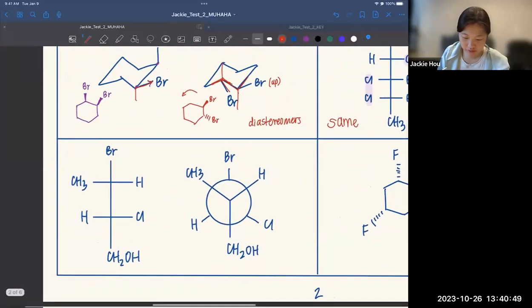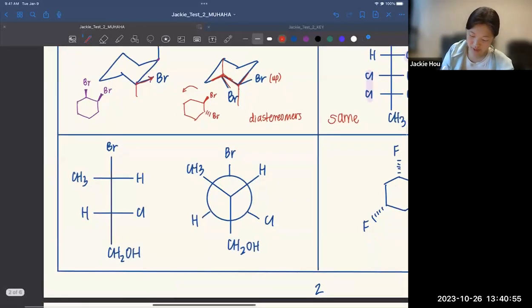Okay, and then for this one, first of all, I want to notice where my attachments are. So I have a carbon here and a carbon over here. I know this carbon is attached to a bromine and a methyl group, right? And this carbon is attached to this alcohol group, the hydrogen and chlorine. And then I also have two carbon groups over here, right?